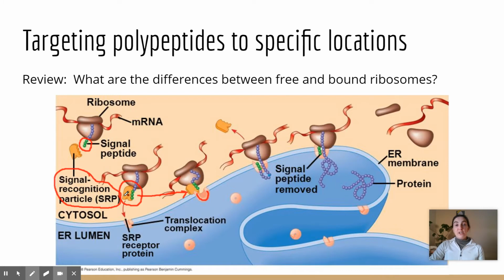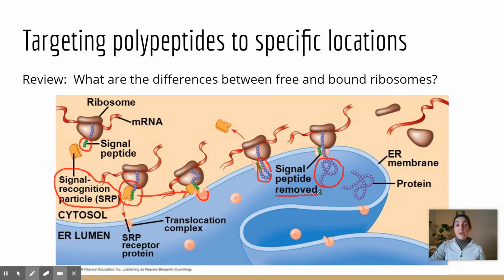So the signal recognition particle notices this little flag that polypeptide is waving saying, hey, I need to go over to the rough ER, and it pulls that whole complex of molecules, even as translation continues happening, and attaches it to the rough ER. So then from that point, the rest of that protein is built into the rough ER. You can see it's being put right into the middle of the rough ER as that happens. Once this polypeptide is finished, the signaling peptide is removed.